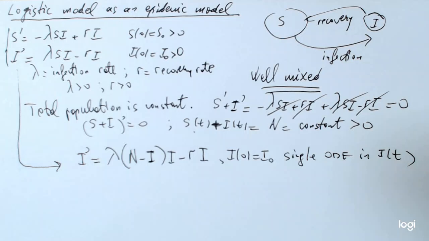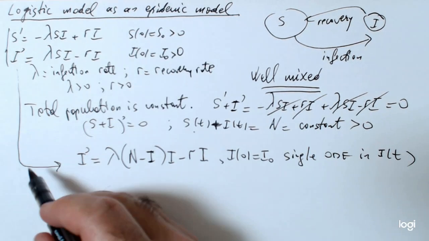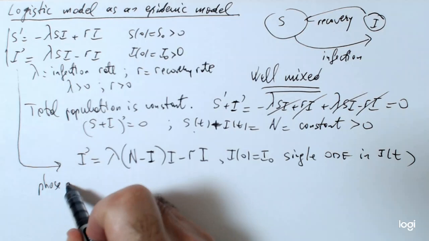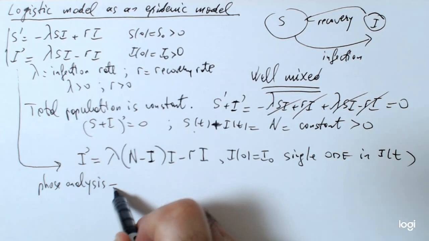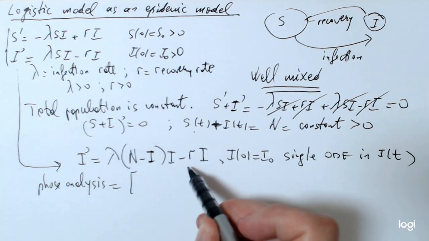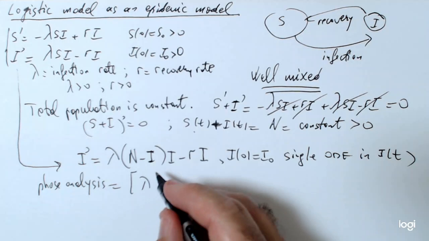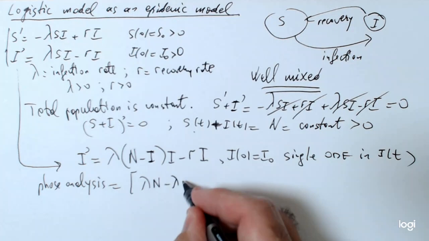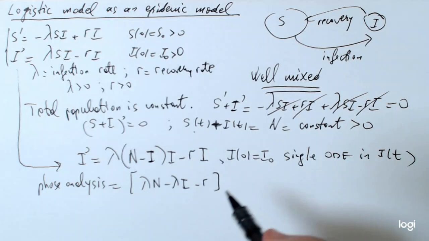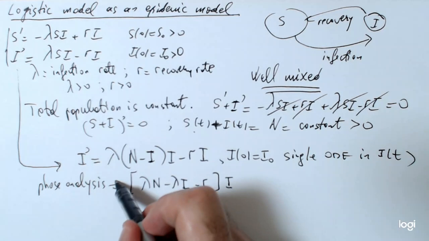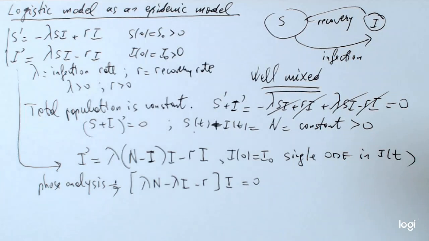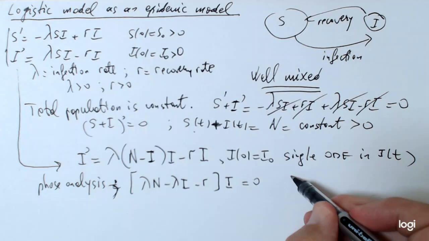And this is the part in which you have to make some connections with the logistic case. Again, if you forget about the logistic equation connection, you can just do the phase analysis. Right? You can factor I. So you have (lambda N minus lambda I minus R) times I, set it equal to 0, and find the equilibrium points.